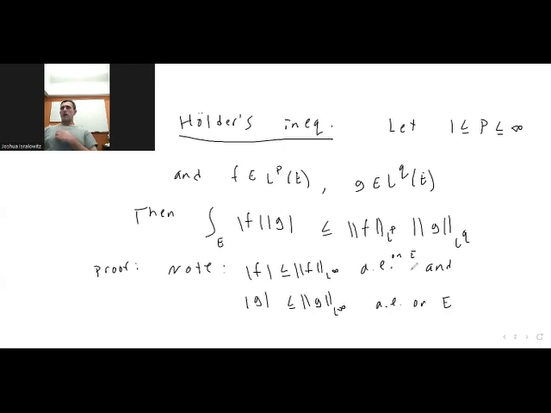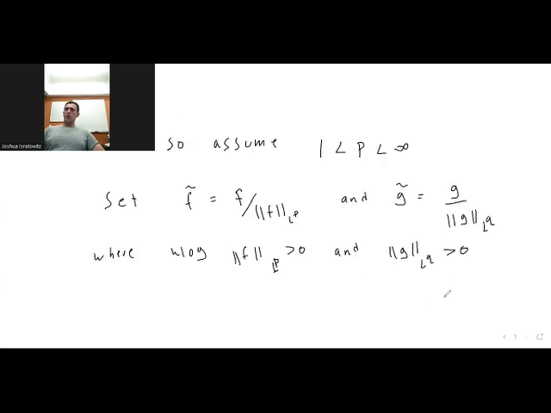This is fine because if either f or g is 0 almost everywhere, then the norm is 0, so everything is 0, this integral is 0, and the right-hand side is 0. Otherwise, everything is 0, not very interesting.